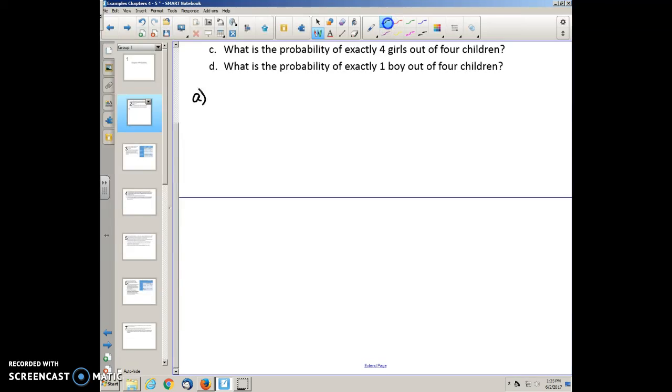This couple will be having 4 children. First child, second child, third child, fourth child. The first child could be a boy or a girl. We're going to use a tree diagram. The second child could be a boy or a girl.